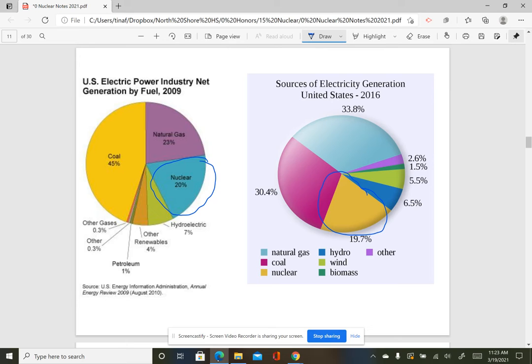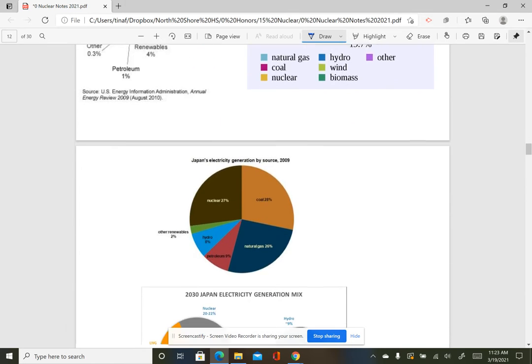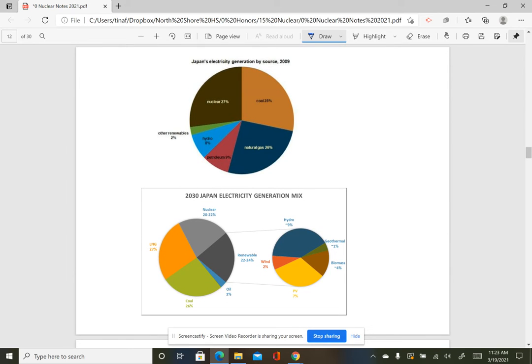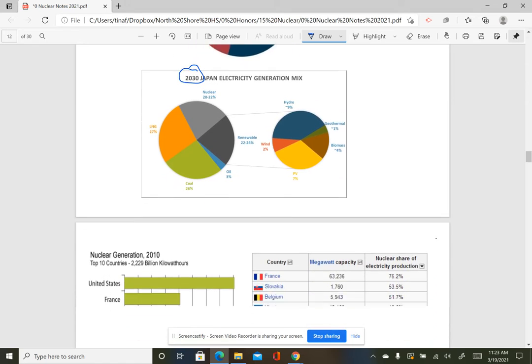It does look like our natural gas consumption has increased and our coal has decreased over the years, which is a good thing. And then here is a look at Japan, okay, and how they've changed from 2009 to this is their plan for 2030. So it's just interesting to see what other countries are doing.